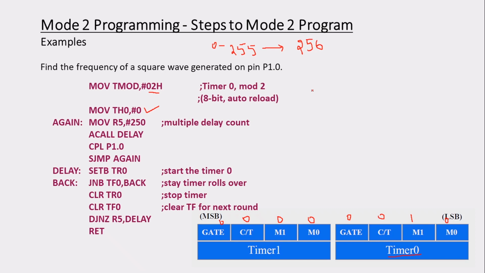But if I wanted to have a more delay, what I'll be doing is using nested loops. The nested loop part we had seen in delay programs, which we had studied in module 3. I'll take a register and load that particular register with some value.